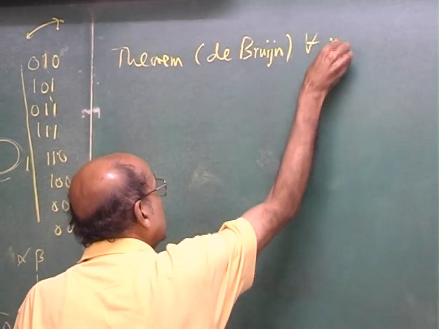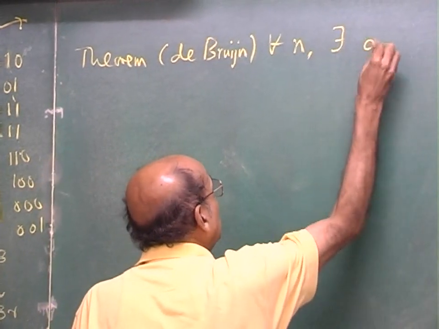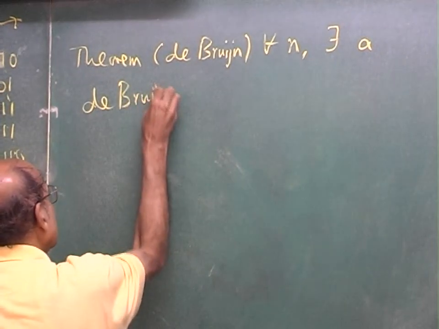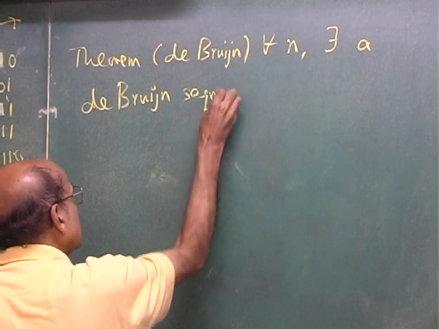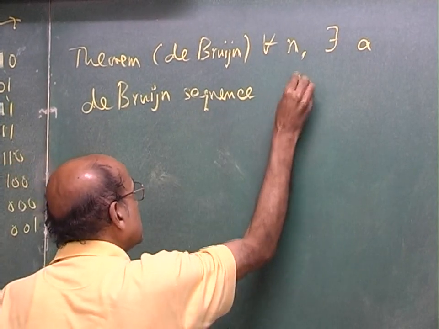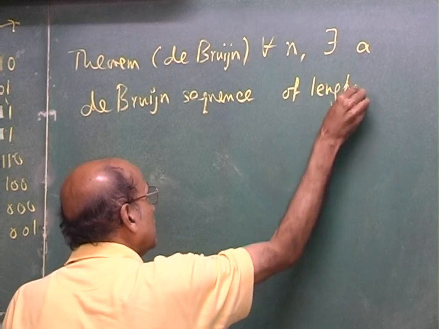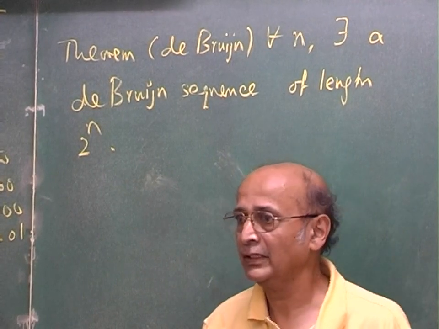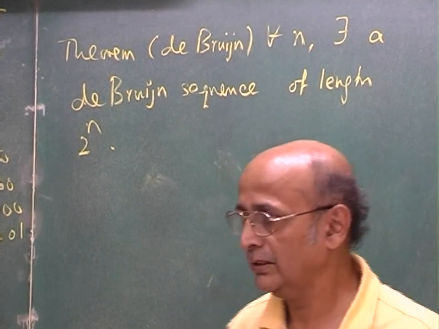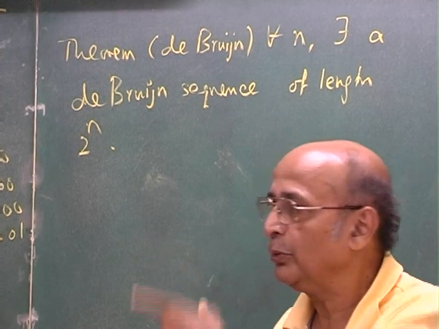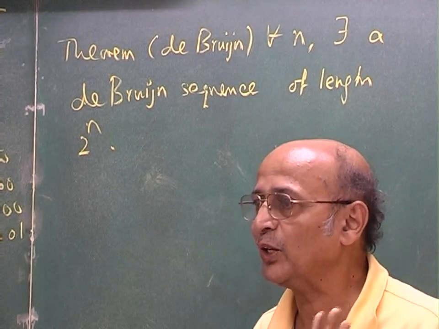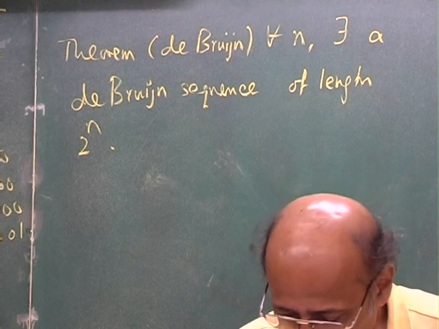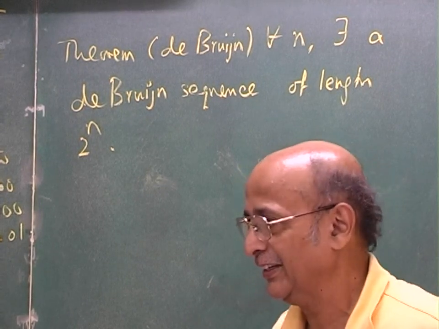For every n, there exists a de Bruijn sequence, and essentially the proof is we'll have to mimic that. That is what we'll have to do. So in terms of write up, it will be somewhat messy, but it's clear what is happening.